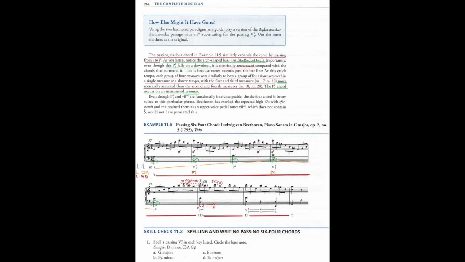It's going to go 1, passing through the 5-6-4 to the 1-6, 5-4-2 back down to the 1, then it does some other things. 1, 5-6, that's the passing chord to 1-6. 5-4-2, that's the neighbor, it goes back down to the C, 1-6.